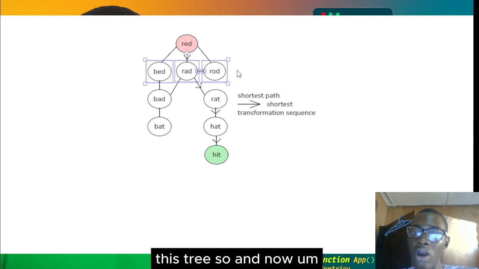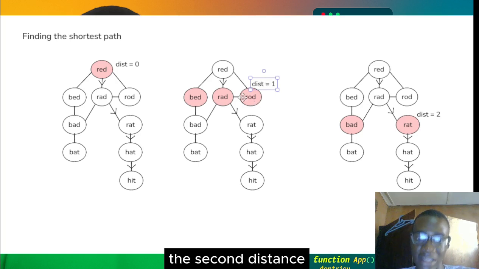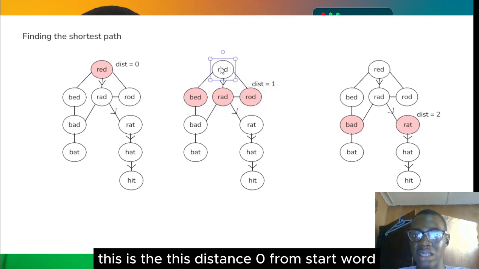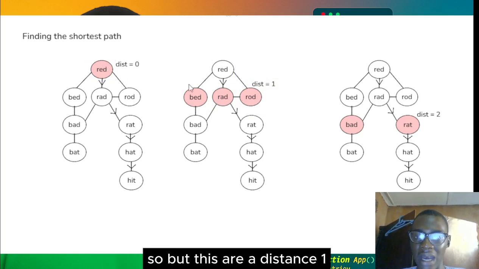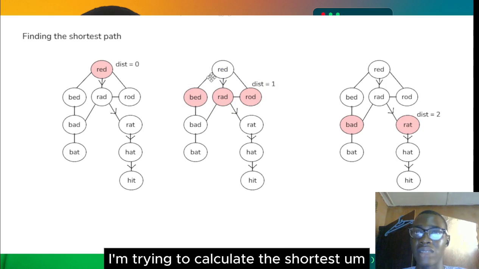Now this actually represents the second level, the second distance. This is at distance 0 from the start word because it is the start word, but these are at distance 1. Don't forget that by distance I'm trying to calculate the shortest path.